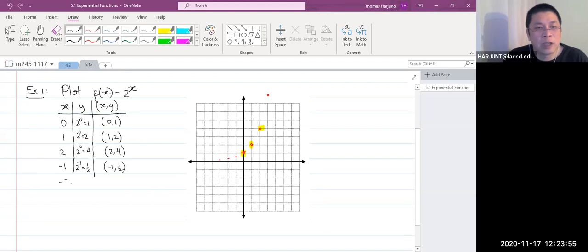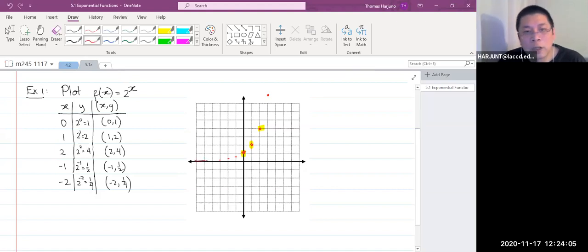When x is -2, the y will be 2 to the -2, which is 1/4. Okay, so the graph will look like this. The graph will look like that.